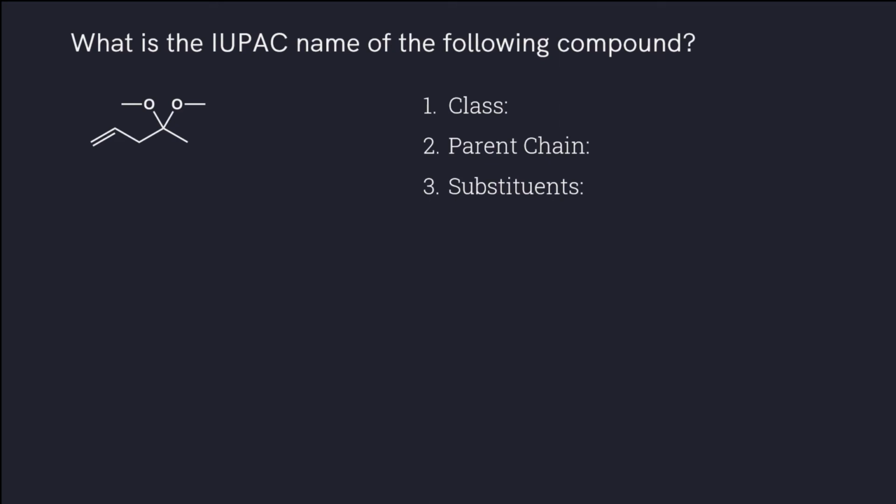What about this compound? Now this compound still is an alkene. But for those of you who know a little bit more about functional groups, you'll notice that this carbon over here, this functional group, is actually called an acetal functional group.